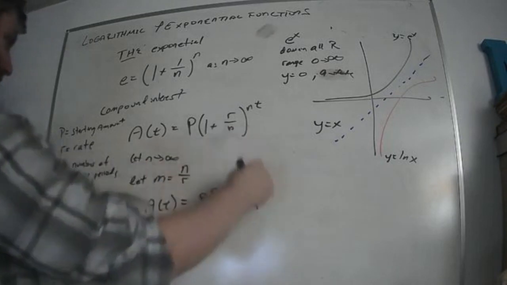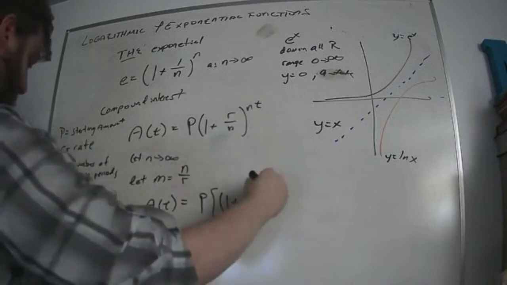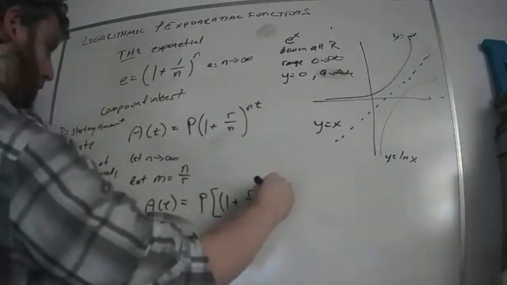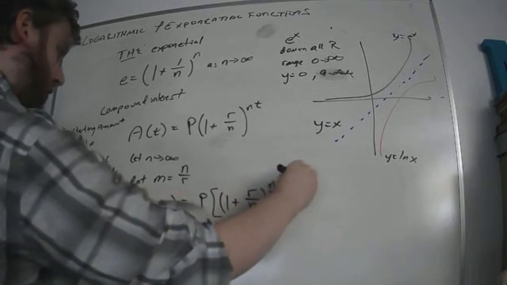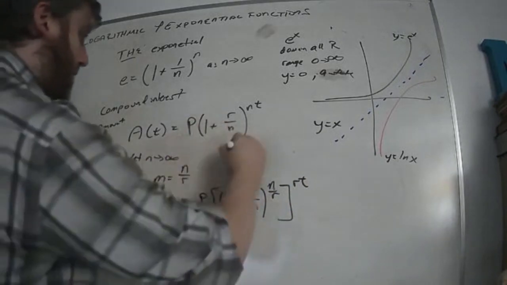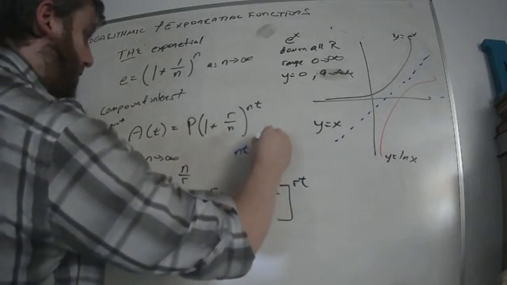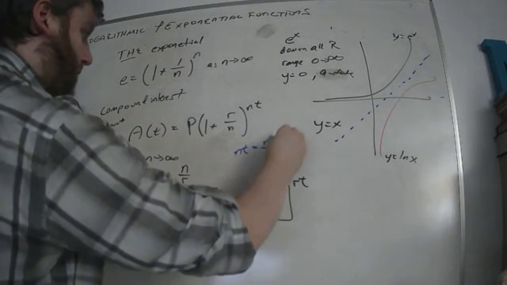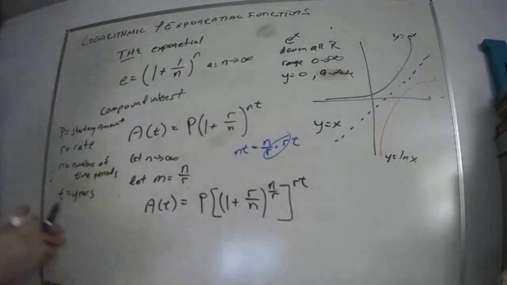All right, so we still got this part. I'm going to break up this exponent, and I'm going to call it n over r times rt. All I've done is I've multiplied the exponent by r over r, which is 1.